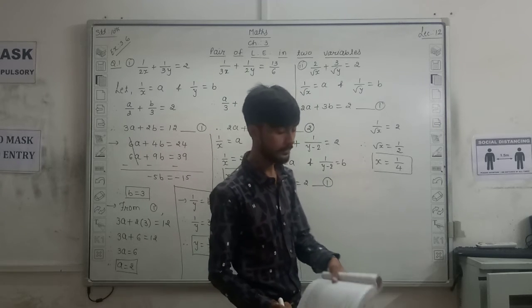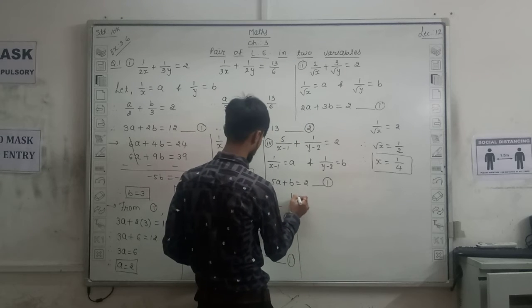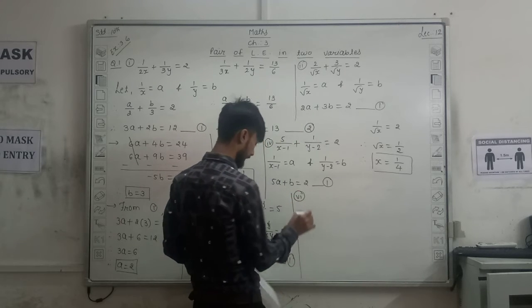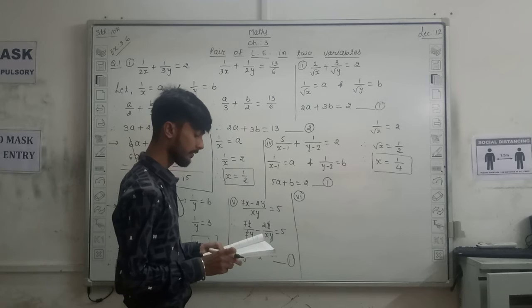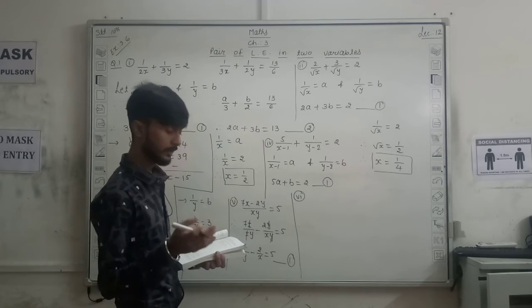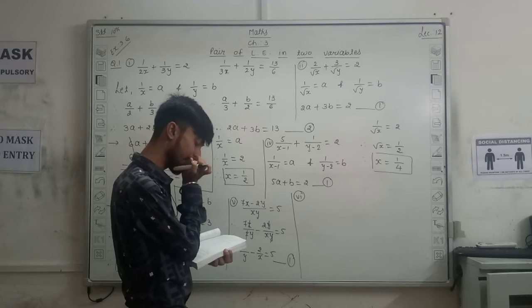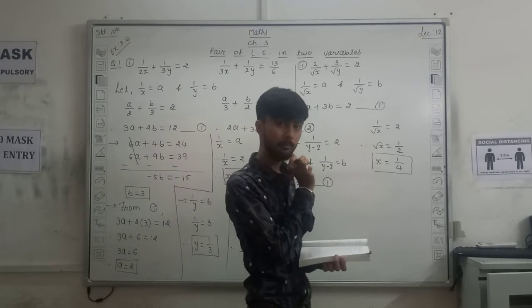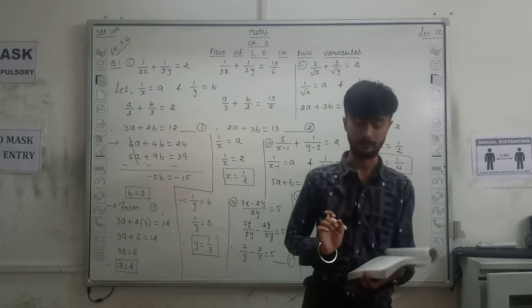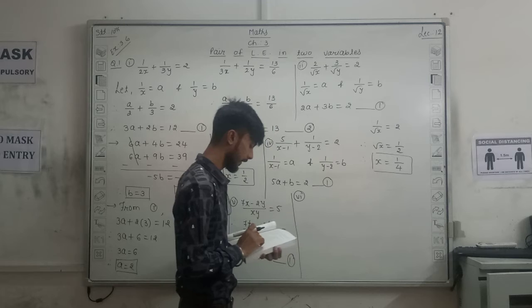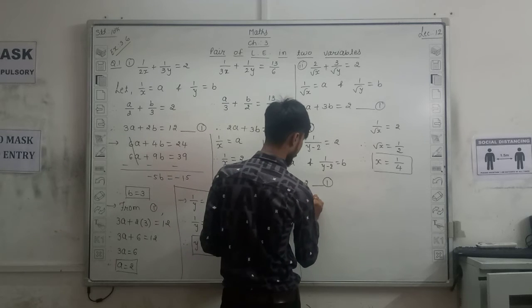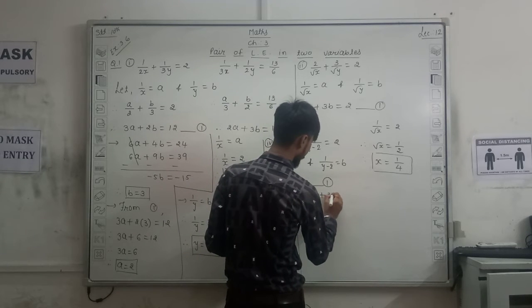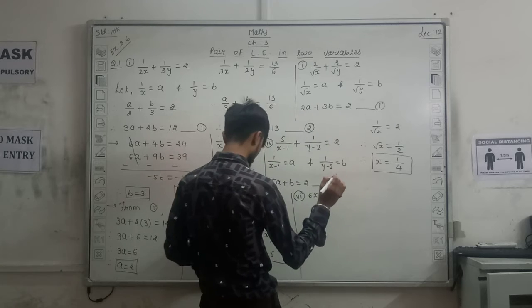Okay, sixth one, same as fifth, but difference is xy is in right side. So first we take it left, that means it will क्या हो जाएगा वो get in denominator, right? So 6x plus 3y equals to 6xy.